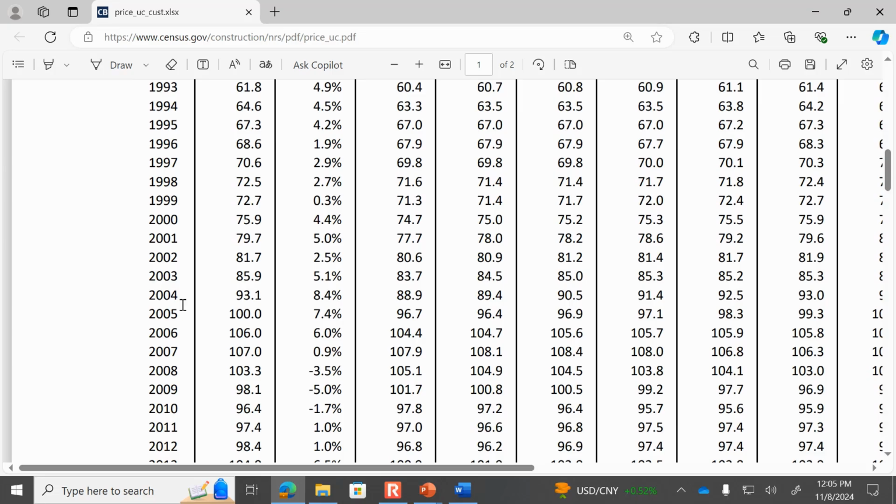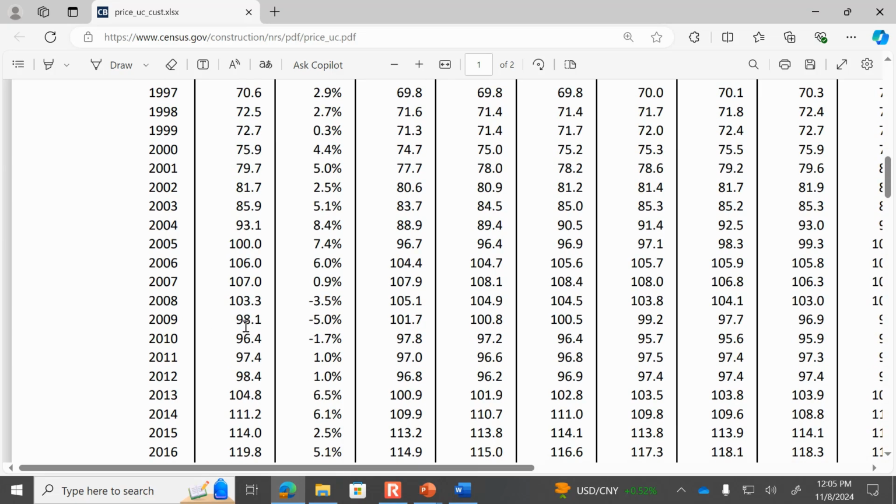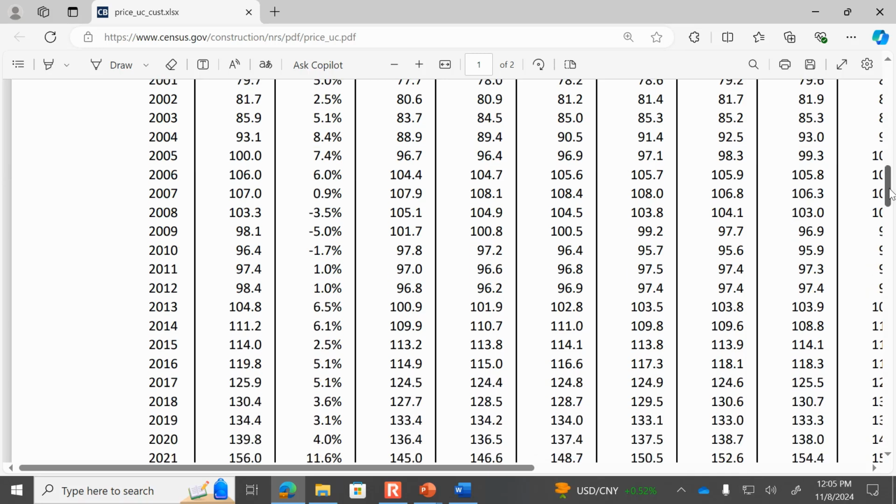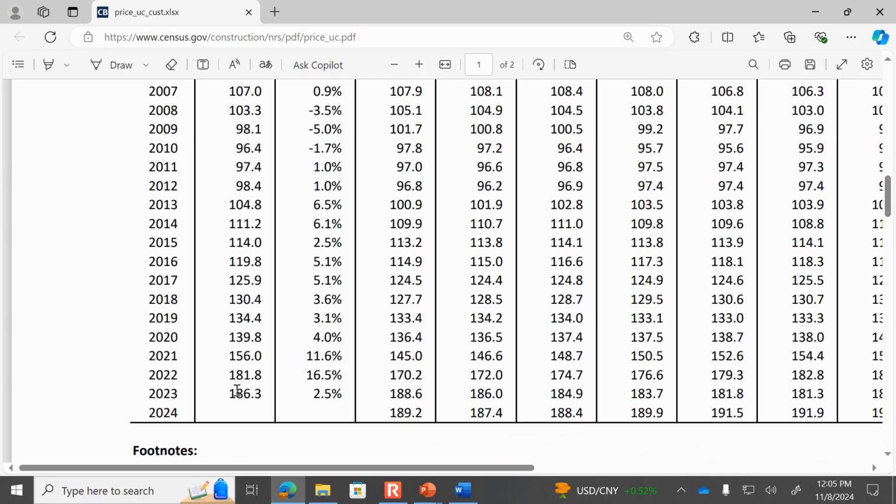And beyond 2005 you can see the effect of prices going down a little bit after the big economic crisis that happened due to the housing bubble, but then they have skyrocketed in more recent years. So now, compared to 2005, it's 186% of what it was there.